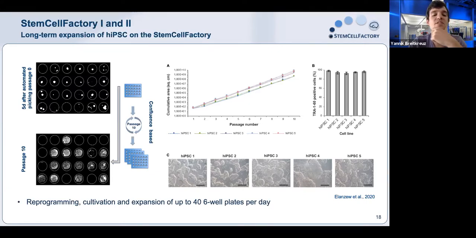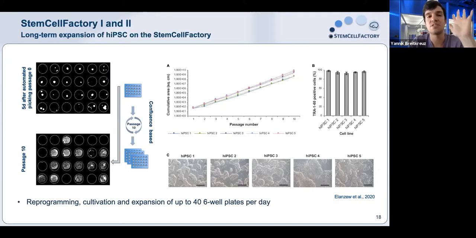Furthermore, representative phase contrast images of these reprogrammed iPSC lines at passage 10 are shown here in C for 5 different cell lines. So in general, we can reprogram, cultivate, and expand up to 40 6-well plates, with theoretically up to 240 cell lines in parallel per day, by using the stem cell factory.